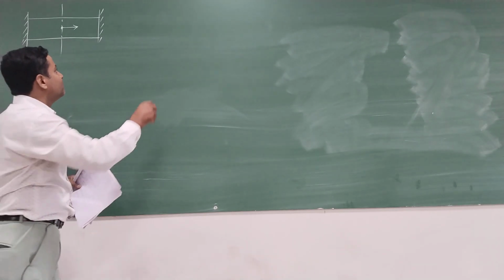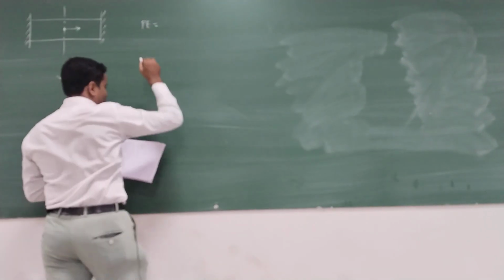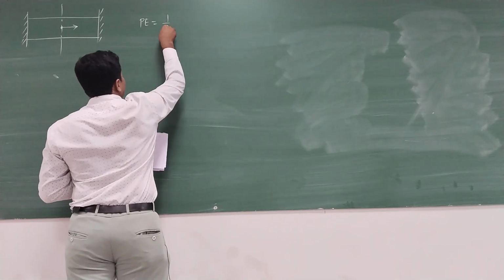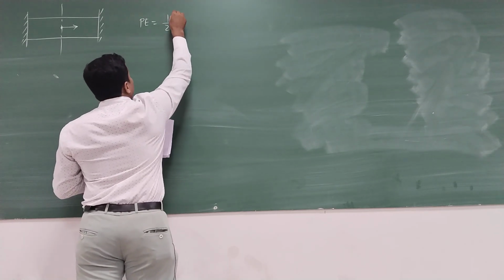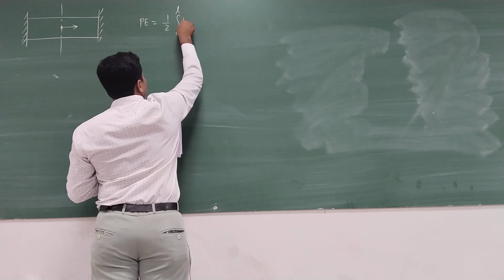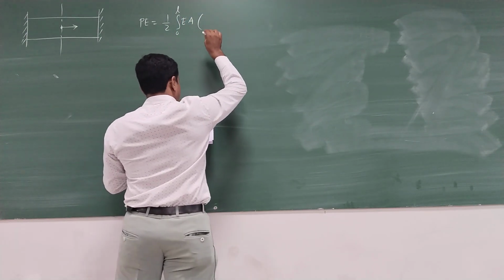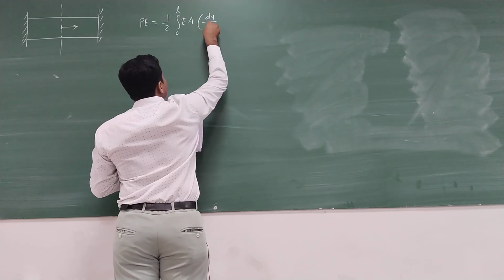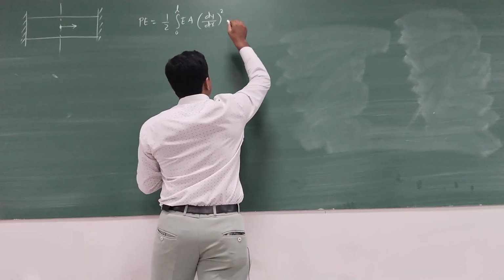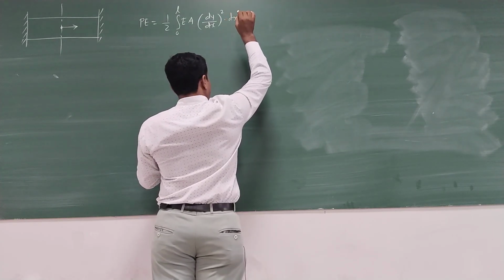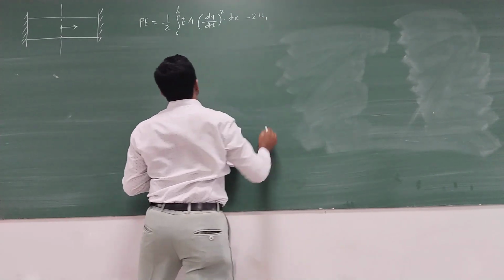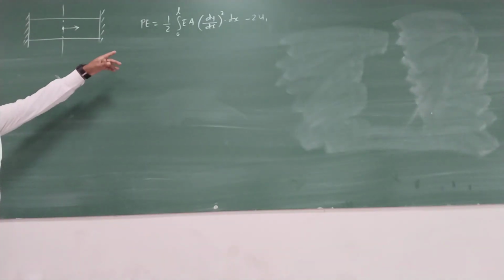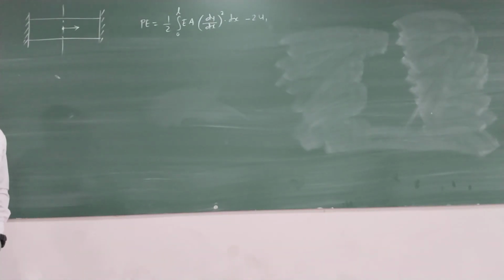The potential energy of the body is given by half integration 0 to L EA (dy by dx) whole square dx minus 2u1.